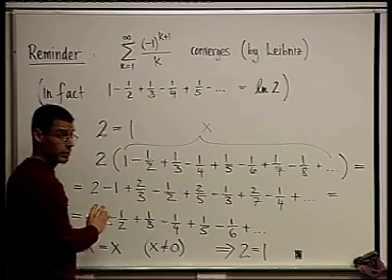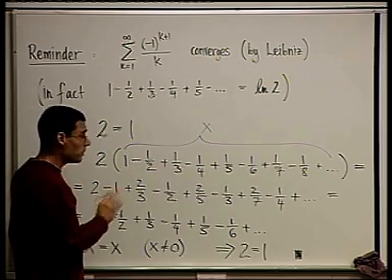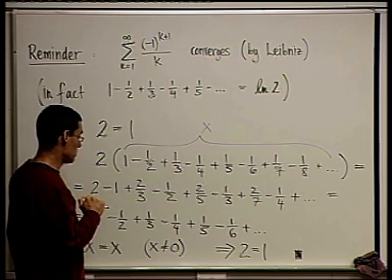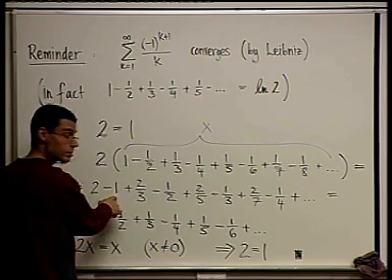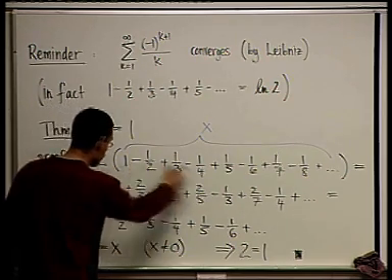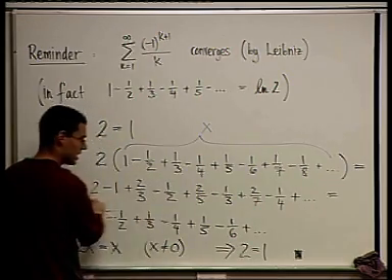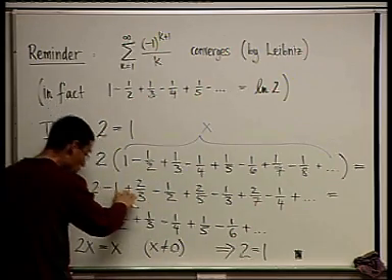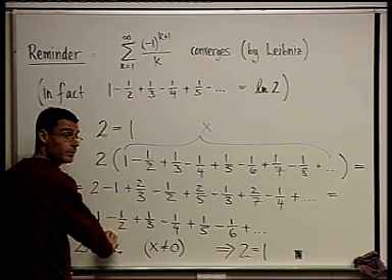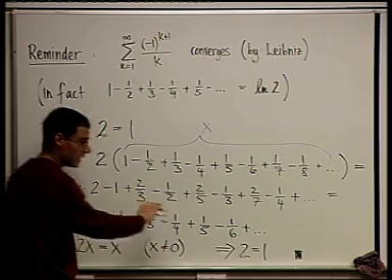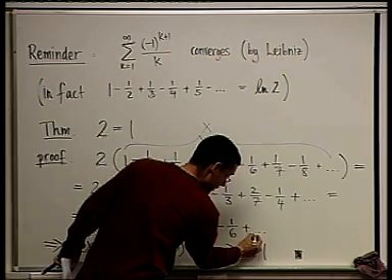You're always 1 term behind. What do you mean I'm always 1 term behind? Because your first term is 2 times 1. So 2 minus 1. That's this. And each term here, when I multiply it by 2, is accounted for here, if you look at it on a finite sum. But I'm not looking at a finite sum. There's this dot, dot, dot here.